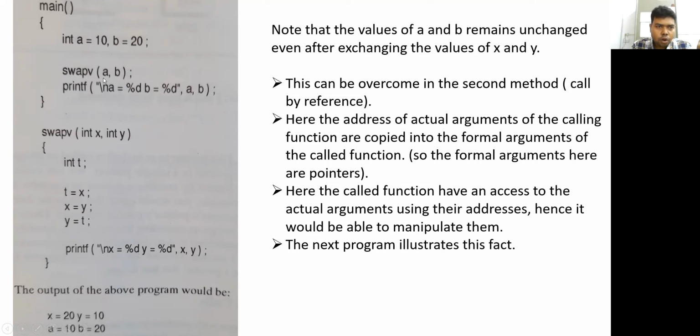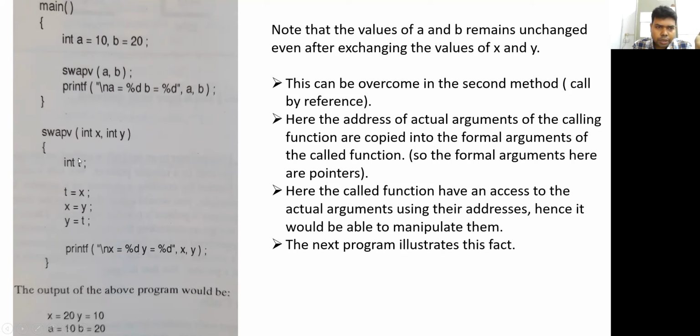They are locally initialized values, meaning whatever values we initialized for a and b in the calling function remain unchanged, though in the called function the values have been properly swapped. So this is the problem if we are using the simple function.